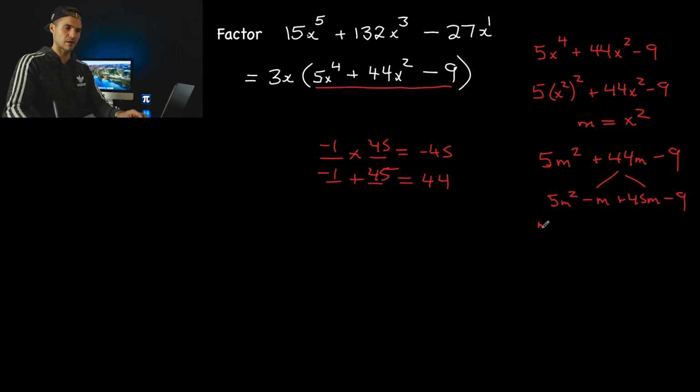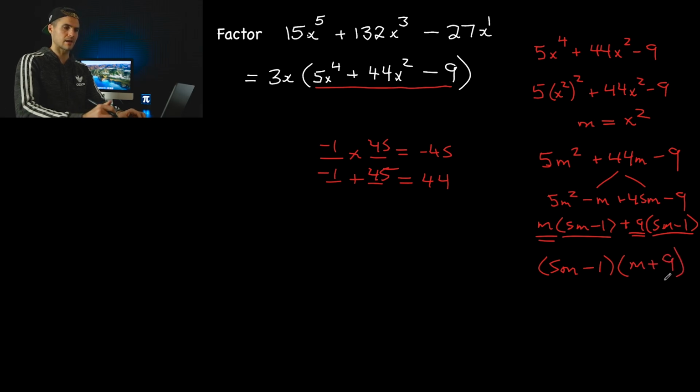And then we could factor out an m from the first two, and factor out a 9 from the last two. And then the 5m minus 1 is common, and we're left with the m plus 9, like that.